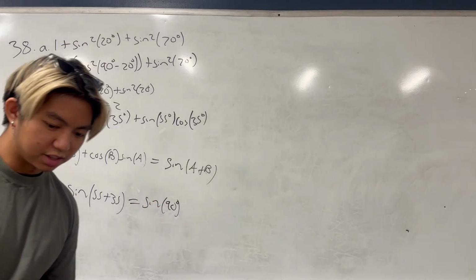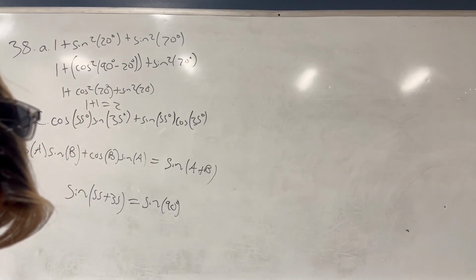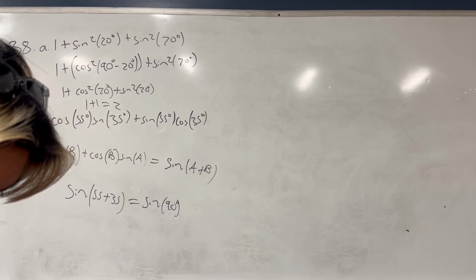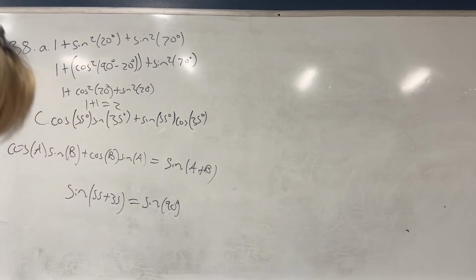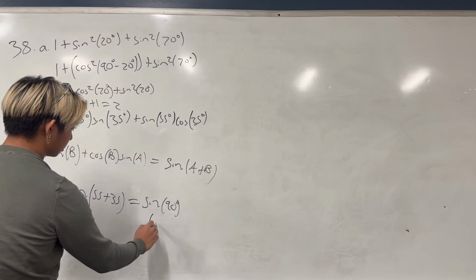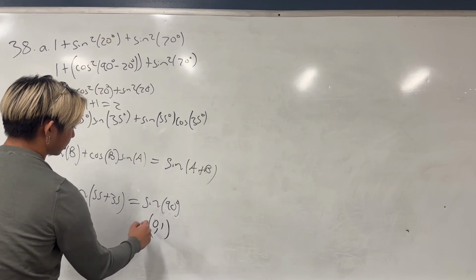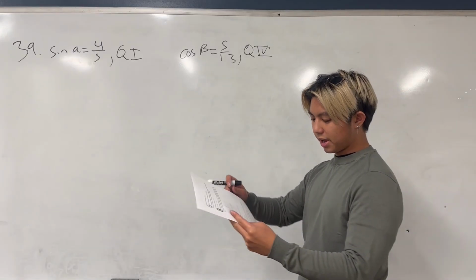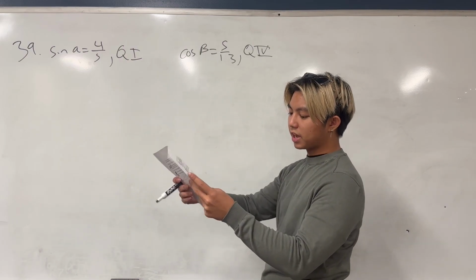Let me double check the answers just to make sure. Number 38, the sine of 90 degrees, yeah, it's 1. So that's equal to 1. Boom.